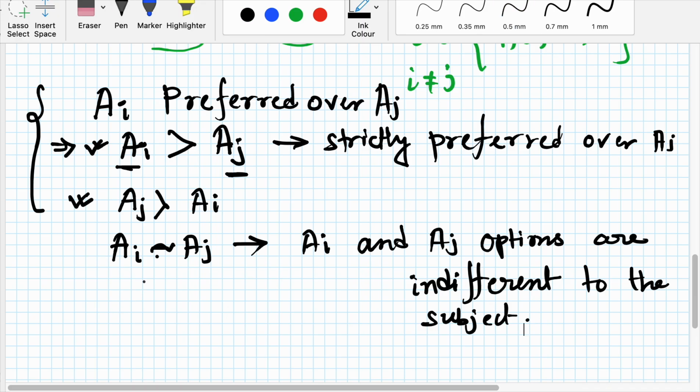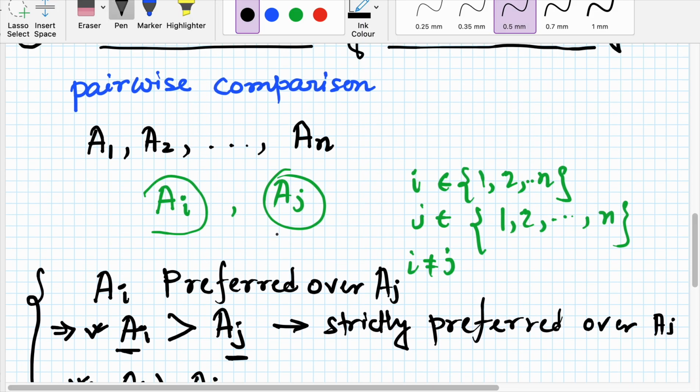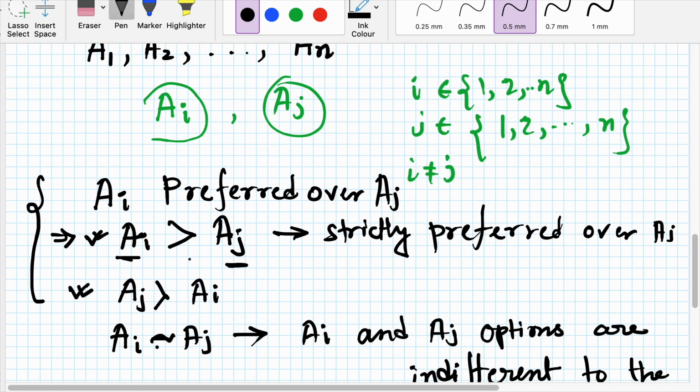So in the pairwise comparison, if I present any two among the n options, ai and aj, then either ai is preferred over aj, or aj is preferred over ai, or ai is indifferent with aj.